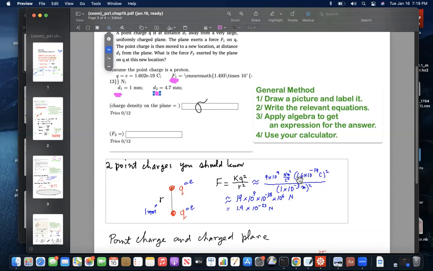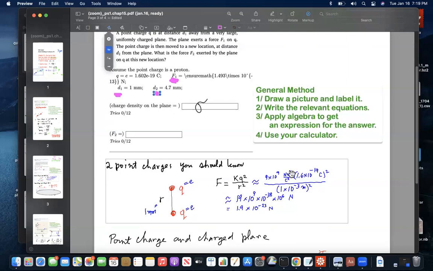Well, this would be almost 2 squared, so about 19. There's a power of 10 to the 9, 10 to the minus 38. Just making a rough estimate. I'd do it with a calculator. 1 over 10 to the minus 3 squared is 10 to the 6th. So that's the number. But what's the unit?